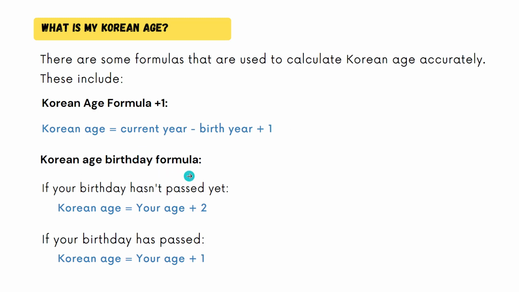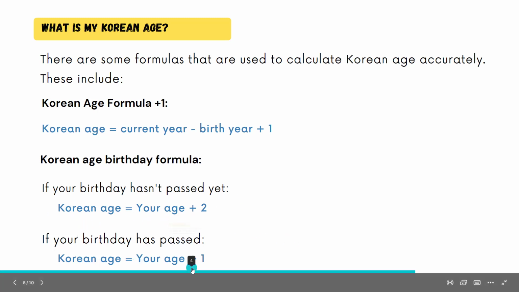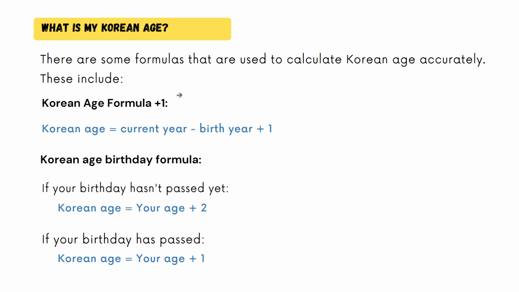The other formula also takes the month, and from there you calculate. When the month hasn't passed, you do this. If the month has already passed, you do that. So let's do this. This is the really interesting coding part of the day.